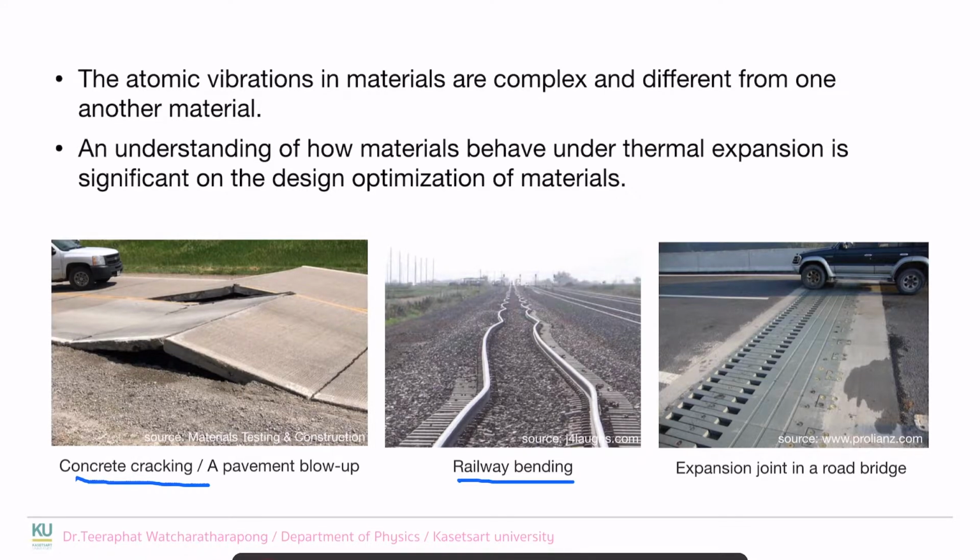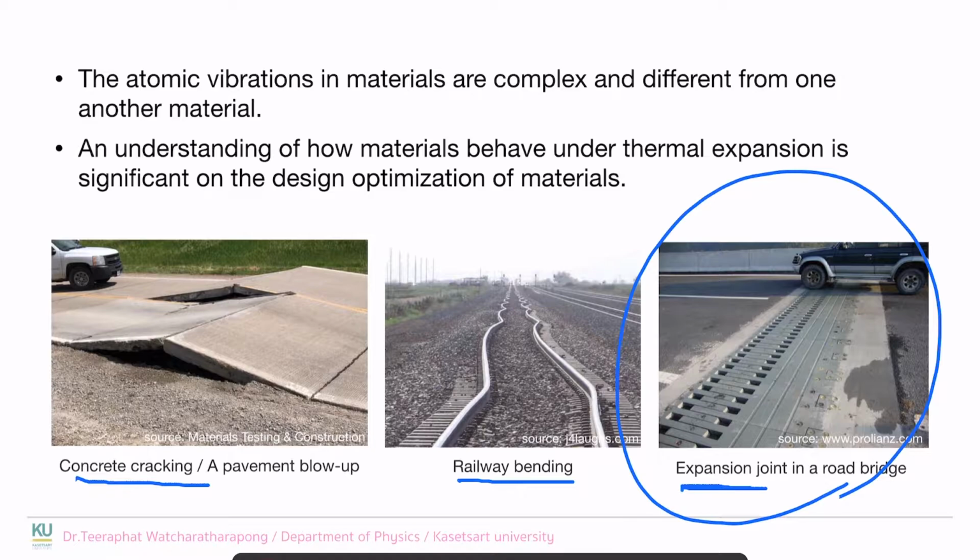These two unfortunate situations can be prevented more or less by dividing the long length of material into shorter segments and adding a small gap between each segment, as shown in this figure, which we call an expansion joint. This gives some space for the material to expand itself when it gets heated.